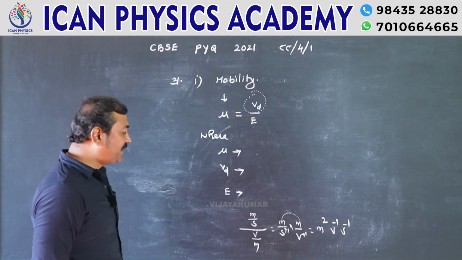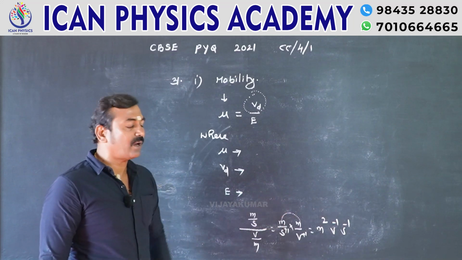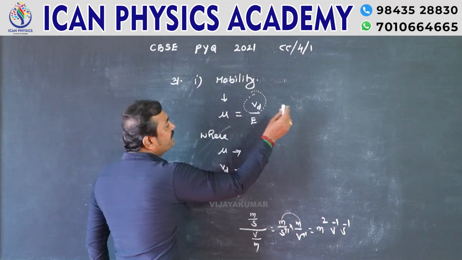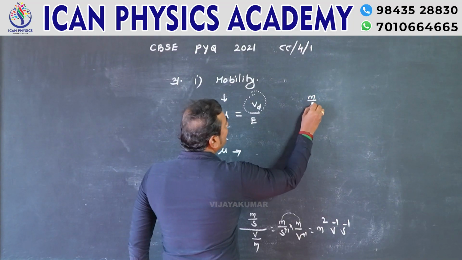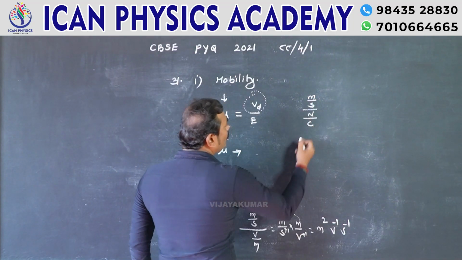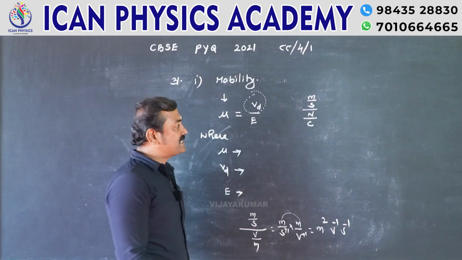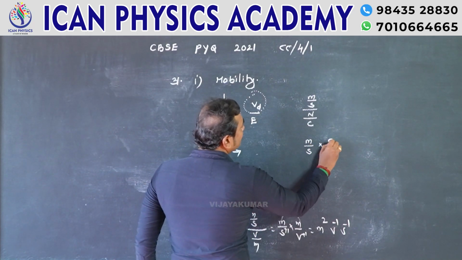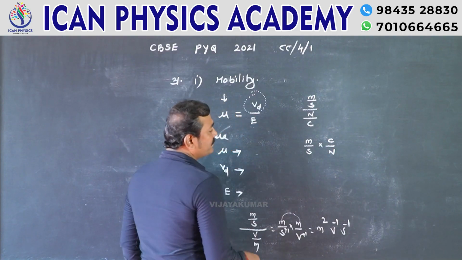So what is the equivalent unit of meter square per volt per second? The same method we can derive. For drift velocity, meter per second. For electric field, Newton per coulomb. Now it becomes a reciprocal. So meter per second into coulomb per Newton.